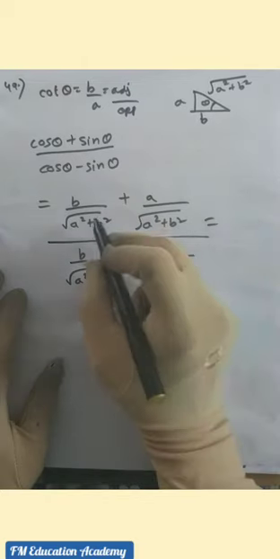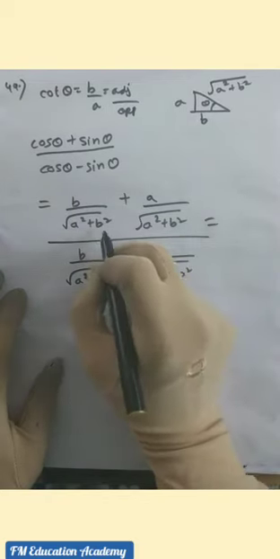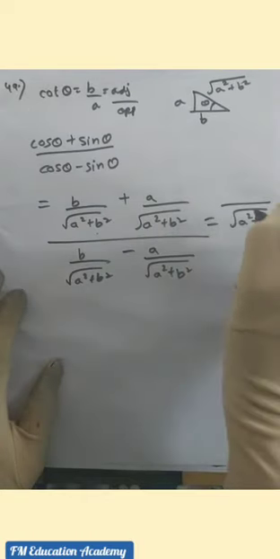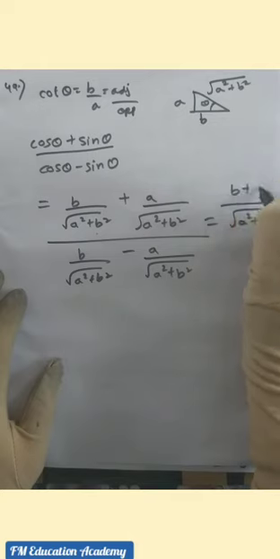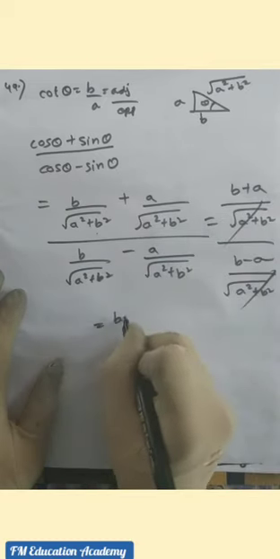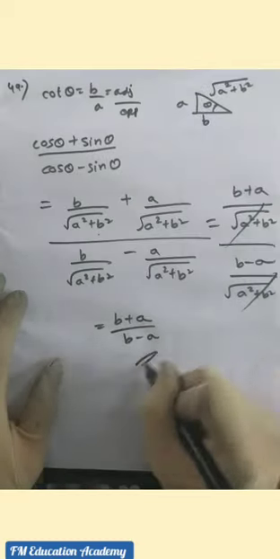Root of a square plus b square is the LCM, so the numerator is b plus a. Here also the same LCM, b minus a, and root of a square plus b square will get cancelled. We are left with b plus a by b minus a. So this is option 2.